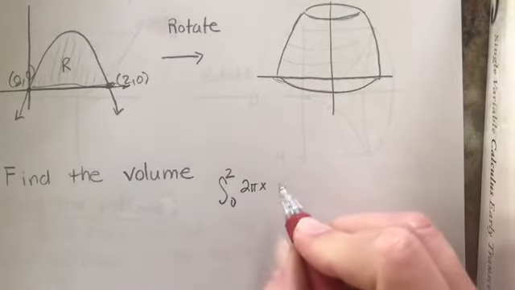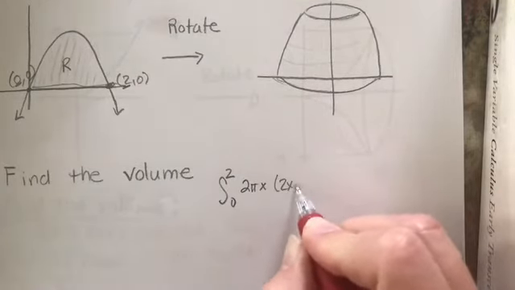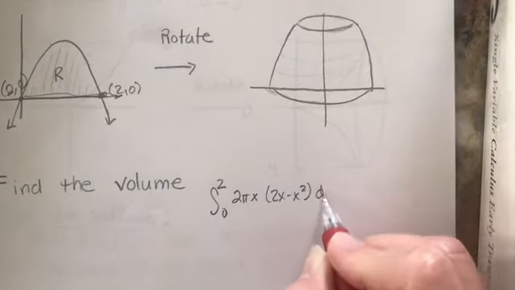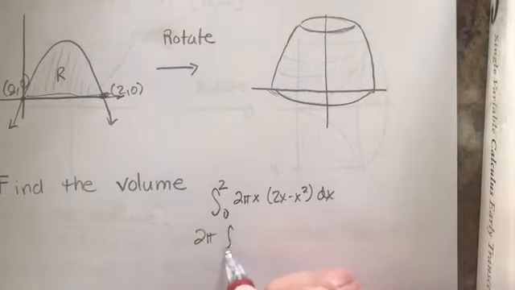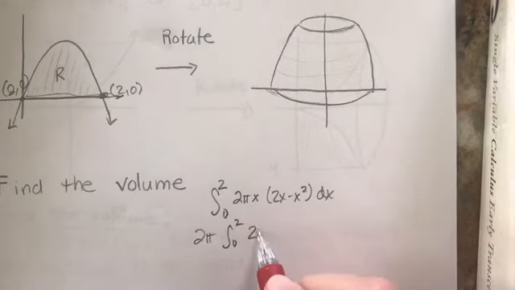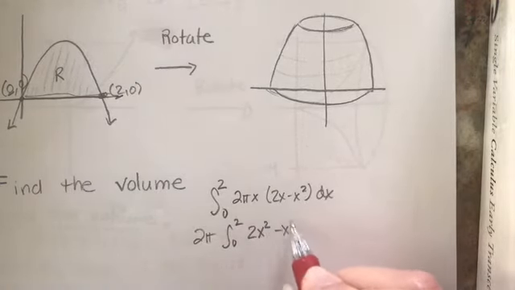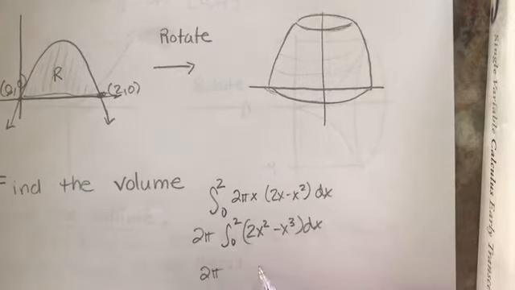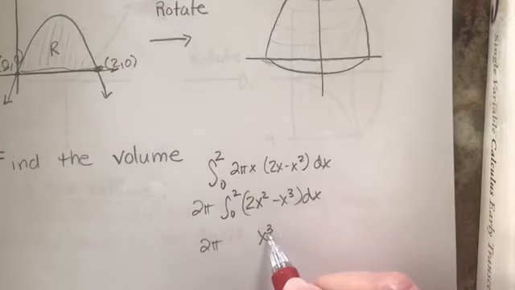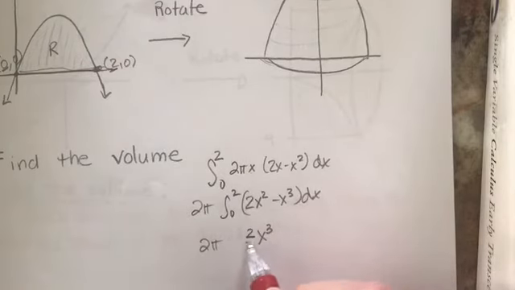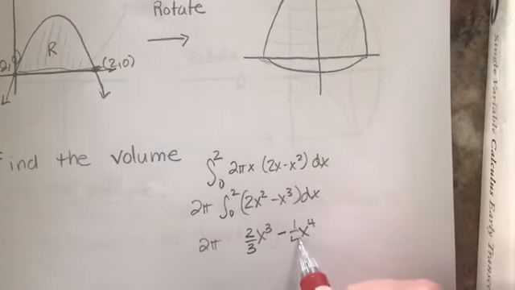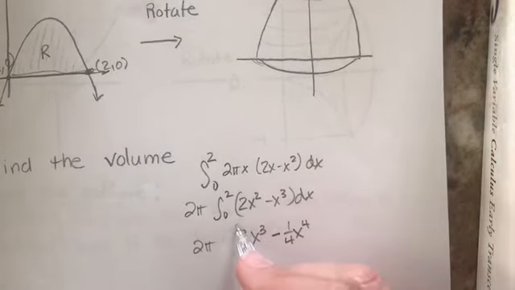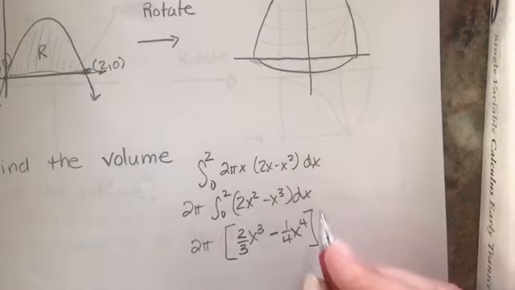So that's why it's this: 2 pi x times the function, 2x minus x squared, dx. 2 pi pull out front. And now I'm going to distribute this x into the function. So it'll become 2x squared minus x to the third dx. And when we integrate that, we're going to get 2/3 x to the third minus 1/4 x to the fourth. And we want to evaluate this from 0 to 2.